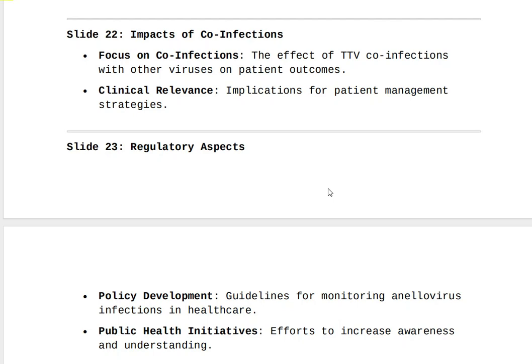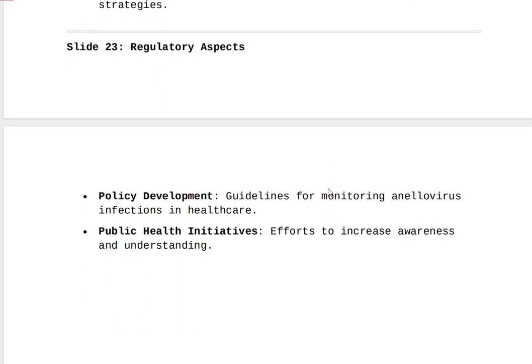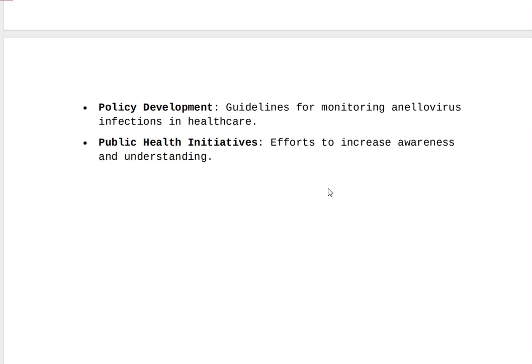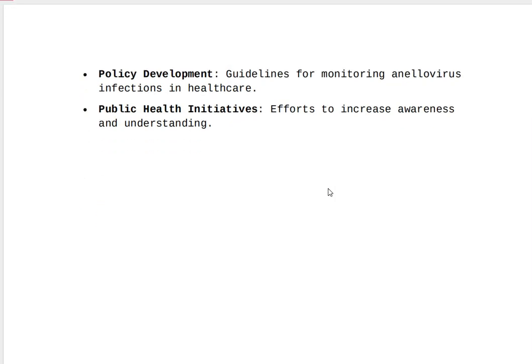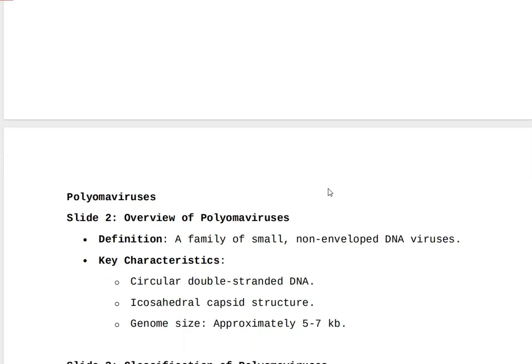How do we deal with patients who are suffering not just from hepatitis but also from TTV? Regulatory aspects: policy development, by developing guidelines to monitor anellovirus in the health setting, and efforts to increase awareness and understanding about this type of infection.